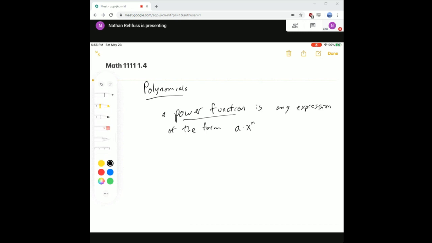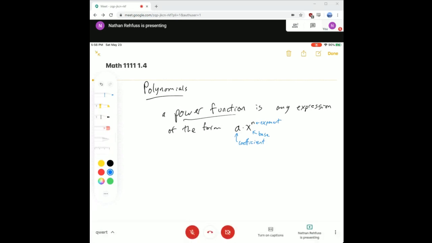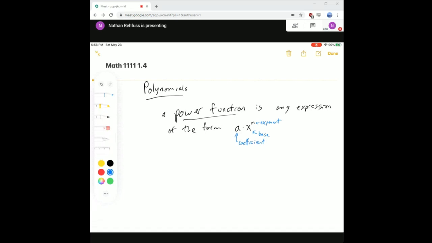So a here is called a coefficient. X to the n is the main show. We've got a base and an exponent. That's the main part of the show, but it's also multiplied by a coefficient on the side. A coefficient is anything that's multiplied by the thing you care about.